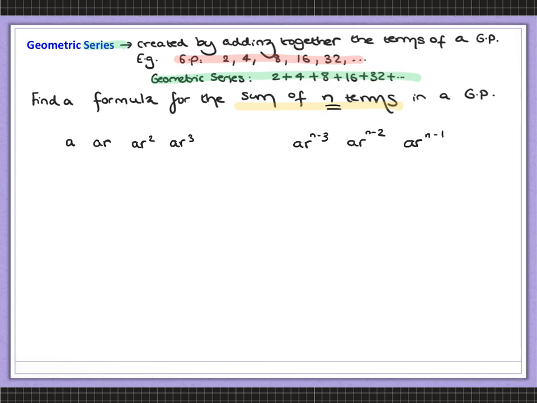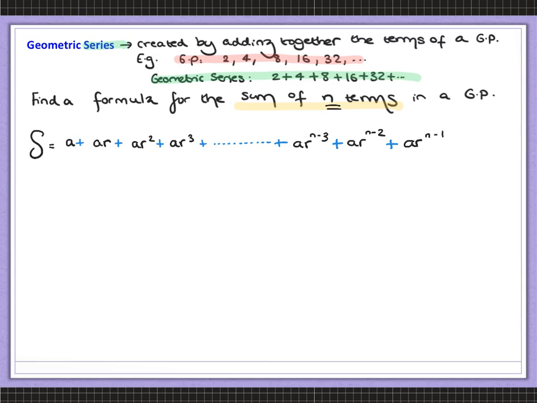Now, that's just a list of terms, so it's a sequence or a progression. If I want to create the sum or the series, I need to add together these terms. So let's write that in. So a plus ar plus ar squared plus ar cubed plus all of the terms in this series added together like so.